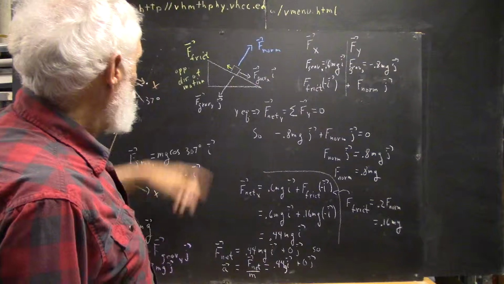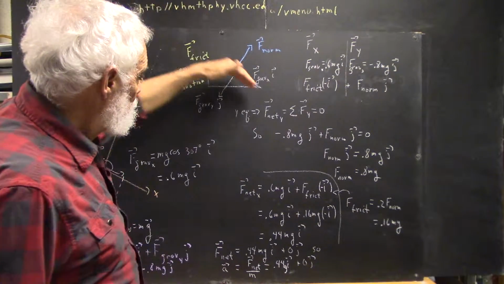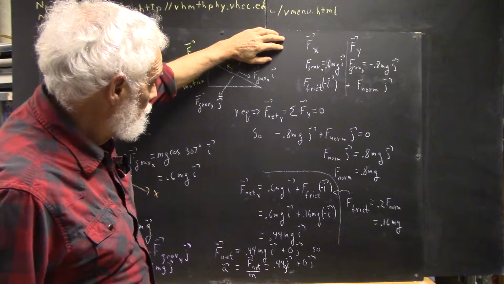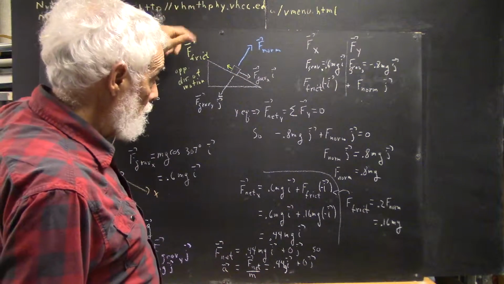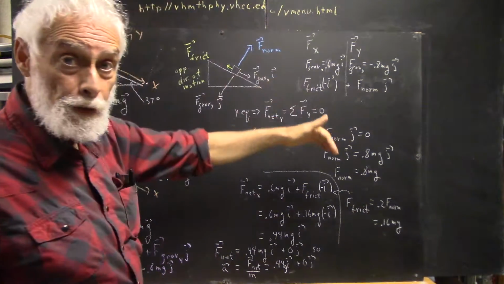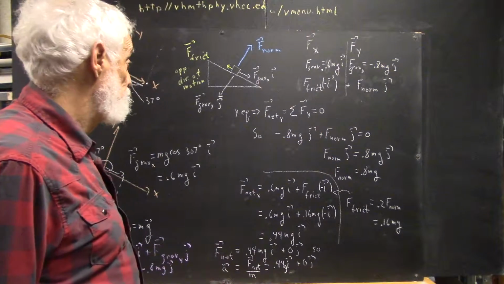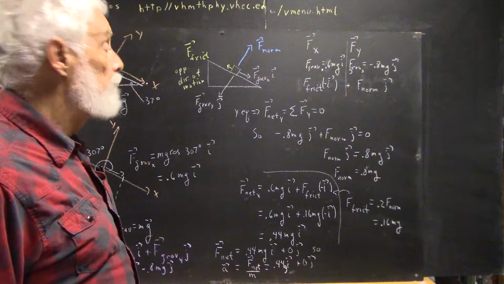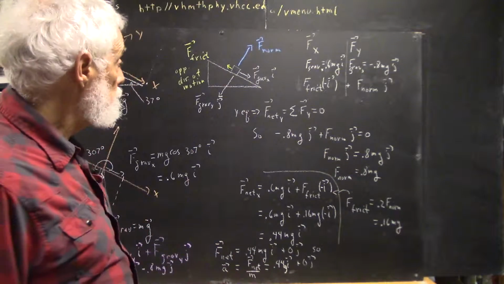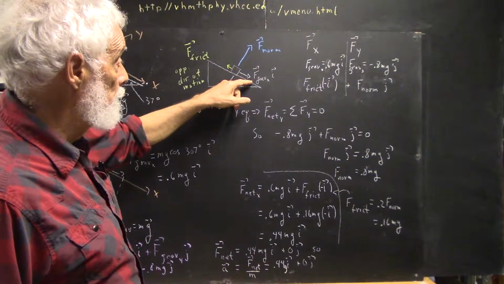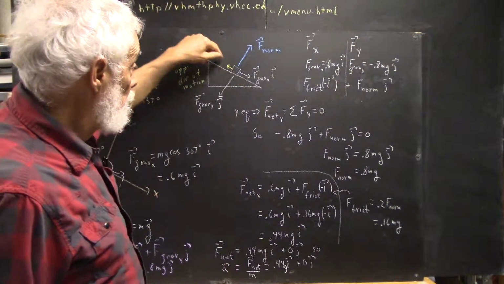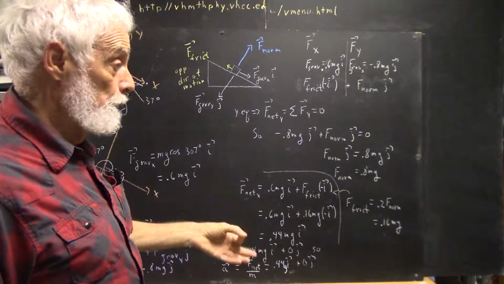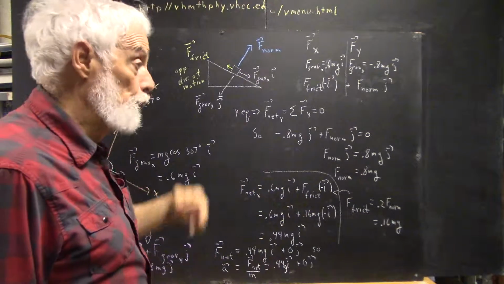Then at that point, I didn't have this drawn in here. You see where we're going with it, but at that point, I asked the question, do we have equilibrium in the x direction? Well, it's possible that we do. If this vector is equal and opposite to this one, and those are the only two vectors acting along the incline, then we would have equilibrium, because equilibrium means zero net force.